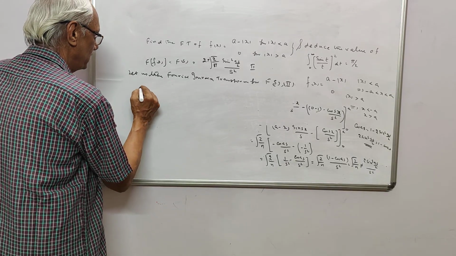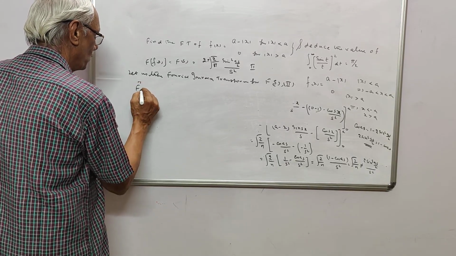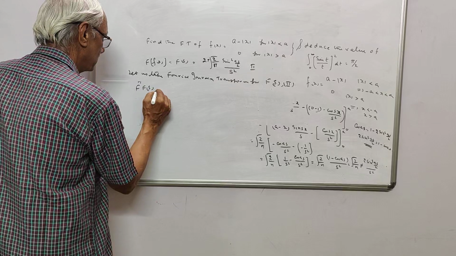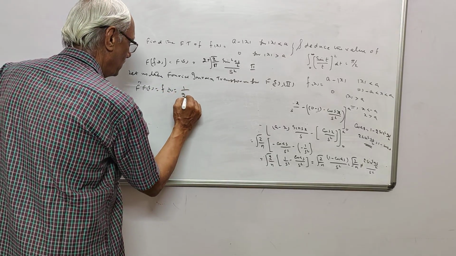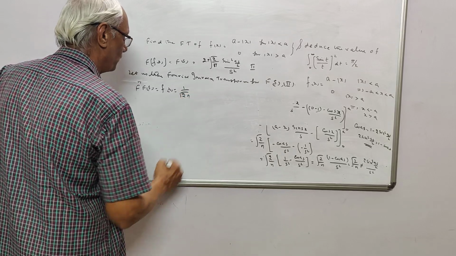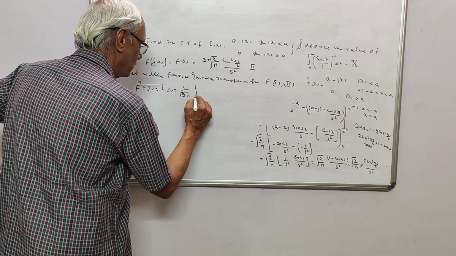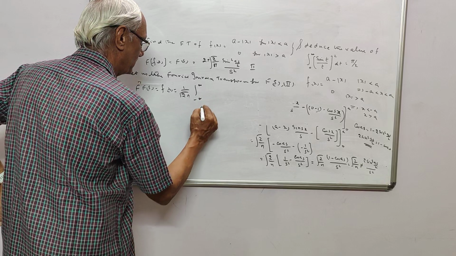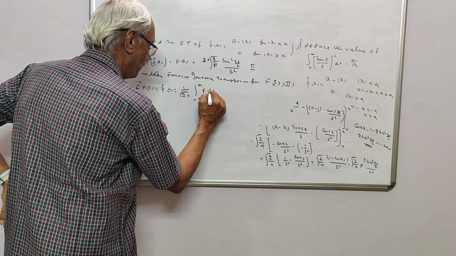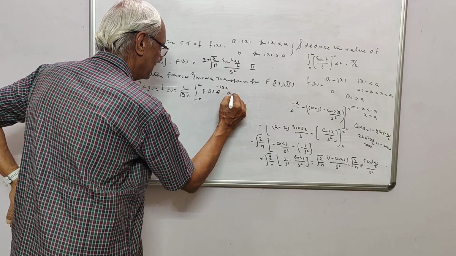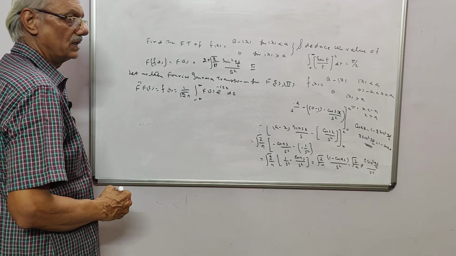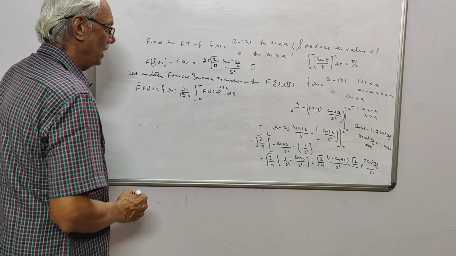So what is it that you will get here? The inverse transform of f of s, which is nothing but your f of x. What is the formula here? It is 1 by square root of 2 pi into the integral from minus infinity to plus infinity of f of s into e to the power of minus isx into ds.